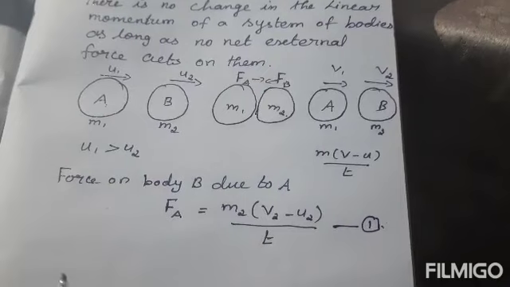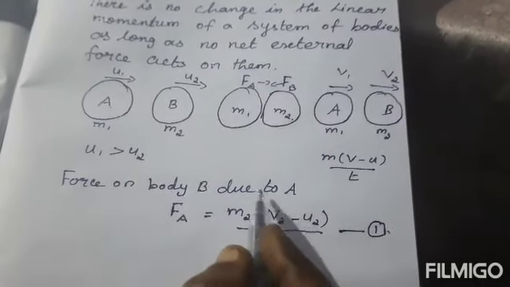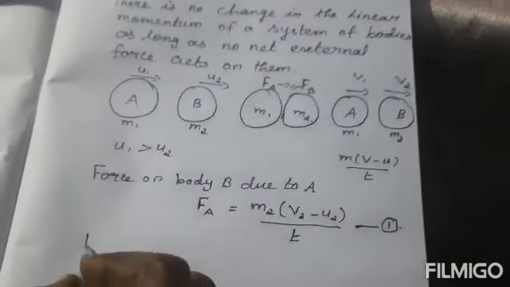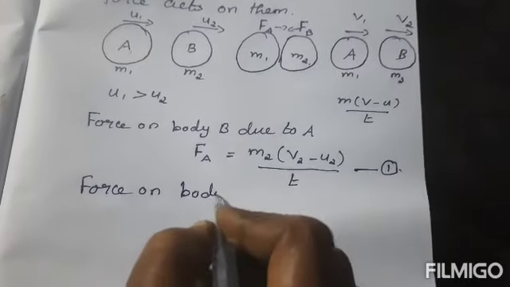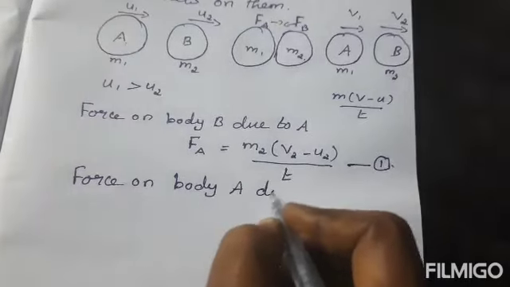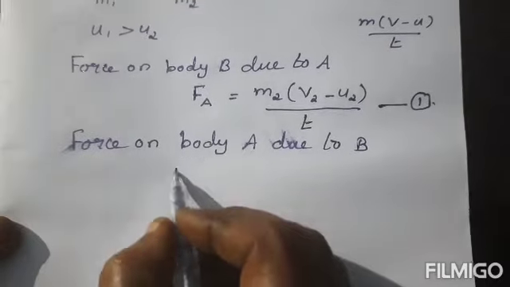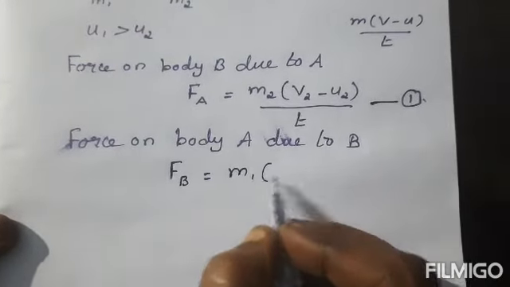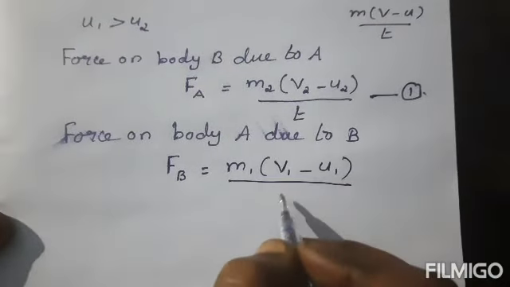Next, the force on body A due to B. Here, instead of B we take A, and instead of A we take B. So Fb equals m1 into (v1 minus u1) divided by t.